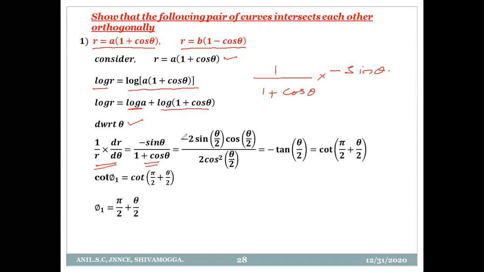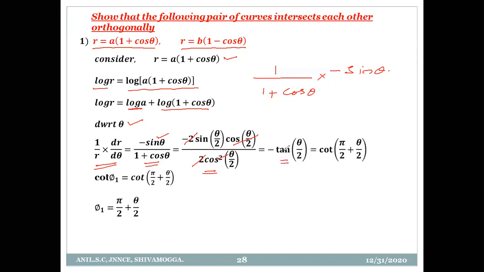Keep this negative sign as it is, and this sin theta can also be written as 2 sin theta by 2 into cos theta by 2, and denominator 1 plus cos theta is 2 cos square theta by 2. Cancel this 2 with this 2, and cos theta by 2 with one cos theta by 2 here. What's left now? Minus, this negative sign, sin theta by 2 divided by cos theta by 2 is tan theta by 2.